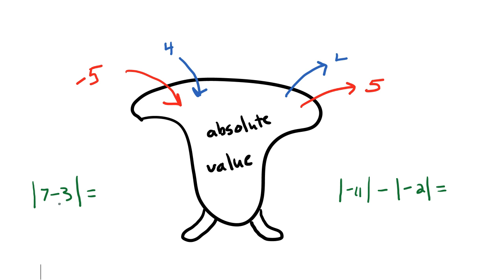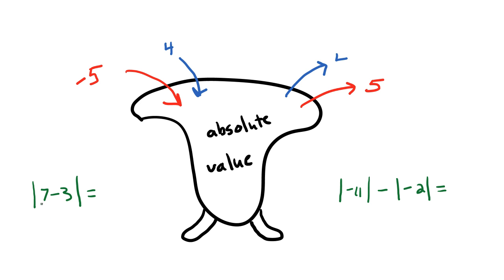So let me show you just a couple examples where the bathtub picture comes into play as well. Now, here I've got 7 minus 3 in the absolute value brackets. What I don't want to see you do is put the 7 minus 3 into the tub, because just like you don't really want to put kids in the tub together because they're going to fight, you're only going to put a single number in.